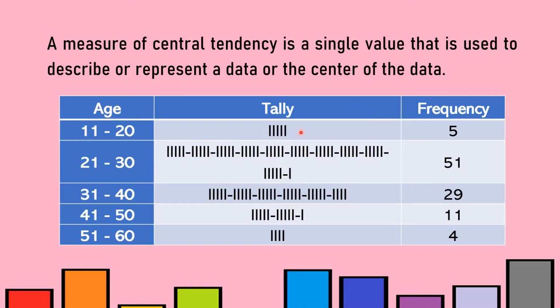And this is the tally of how many values there are between 11 and 20, and of course the frequency. So in grouped data, we need to use the frequency table or frequency distribution table in order to find the mean, median, and the mode.